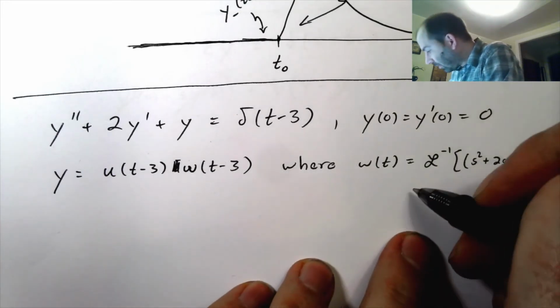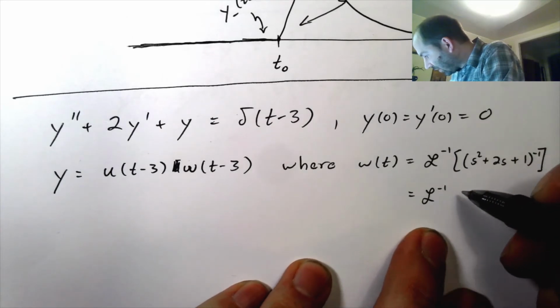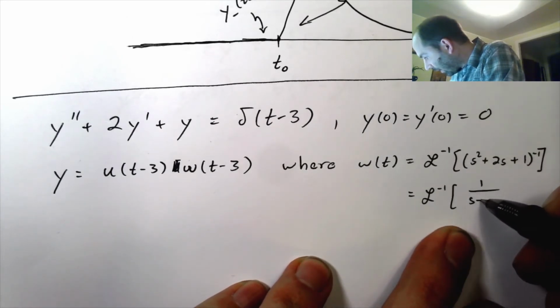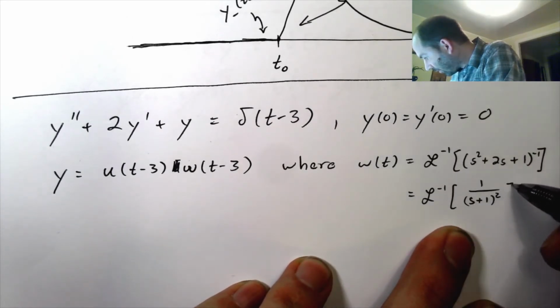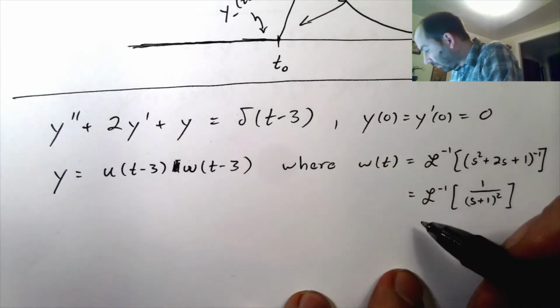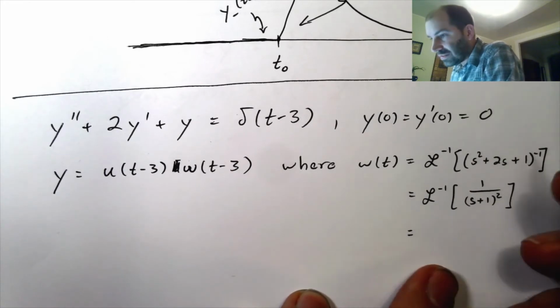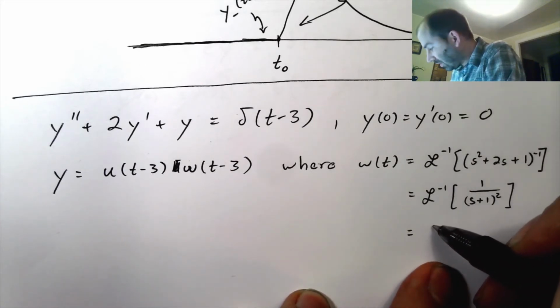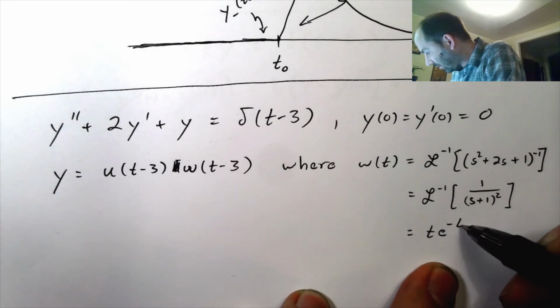All right, well, if you look at this, this is the inverse Laplace transform of 1 over s plus 1 squared. And we can compute that inverse Laplace transform. That inverse Laplace transform is none other than just t e to the negative t.